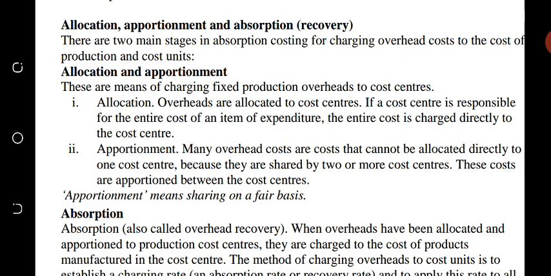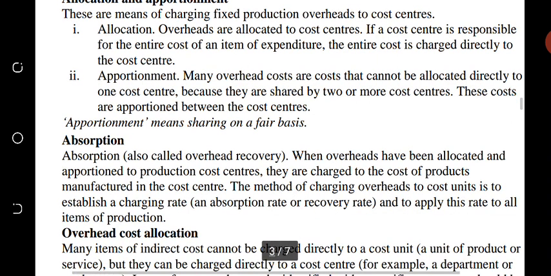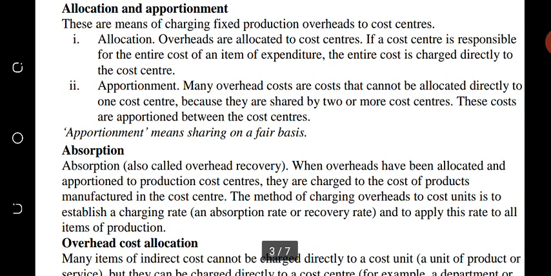These are means of charging fixed production overhead to a cost center. So let's talk about the allocation. Overheads are allocated to a cost center if a cost center is responsible for the entire cost of an item of expenditure. The entire cost is charged directly to the cost center.